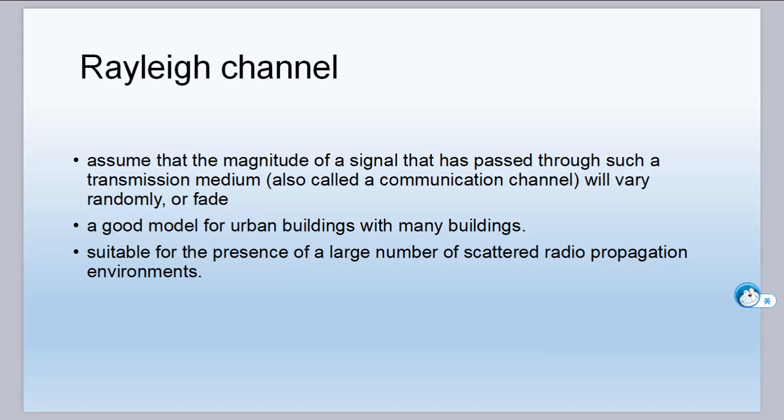So if we use this in a multiple building block, there's no direct transmission, so it's a Rayleigh fading model. And also, the Rayleigh fading model is very suitable for the presence of a large number of scattered radio propagation environments. And at the receiving end, a large number of independent random variables are received, and the central limit theorem can be applied to consider this signal response as a Gaussian process.